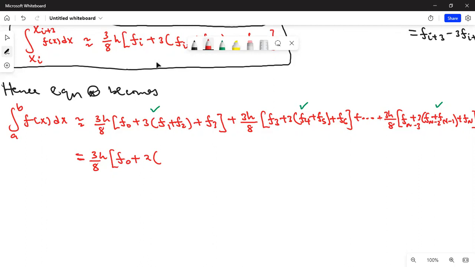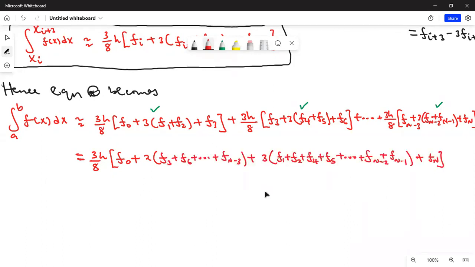There are those that appear 2 times, there are those that appear 3 times. So when you simplify this, that integral is the same as 3h over 8 times f naught plus twice f3, f6 up to fn minus 3, plus 3 times f1, f2, f4, f5 and so many other terms up to fn minus 2 plus fn minus 1, and then plus fn.